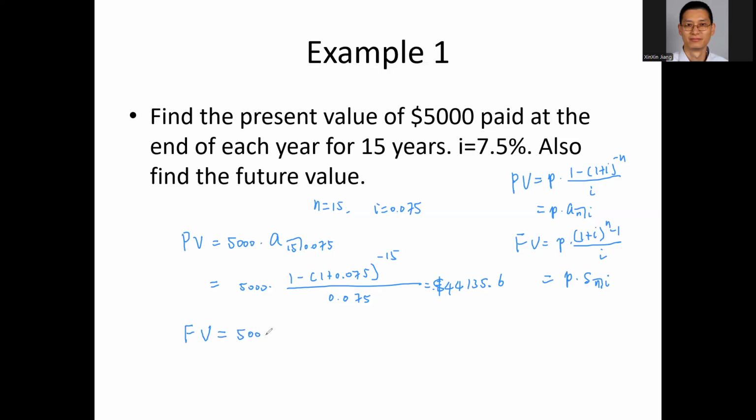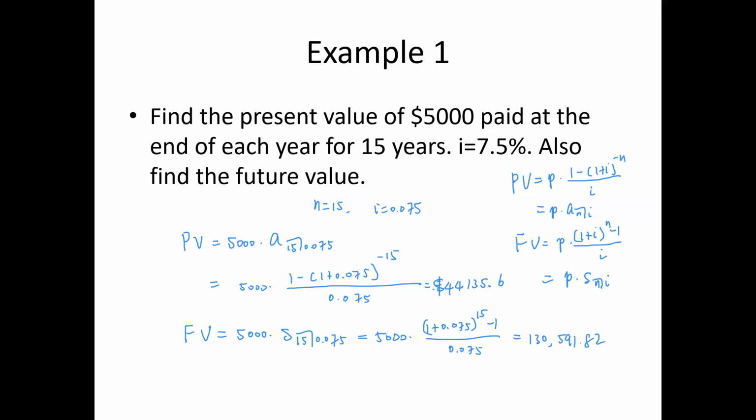You can do 5,000 times S sub 15 angle 0.075. So that's 5,000 times 1.075 to the 15 minus 1 over 0.075. So that is 130,591.82.